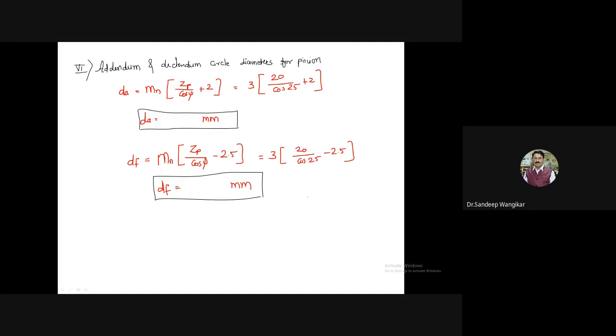dA is equal to, by substituting all the values, 72.2. Okay, and dF. Okay, dA agreed, 72.2 millimeters, and dF 58.7 millimeters.